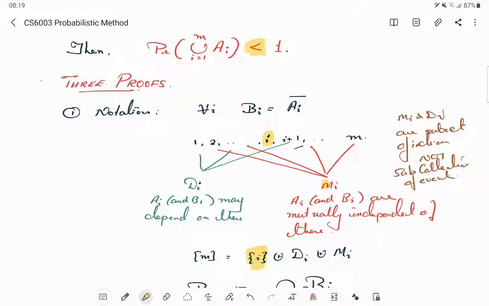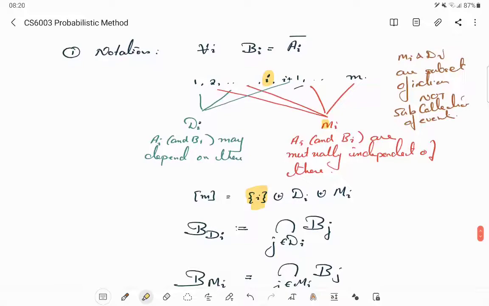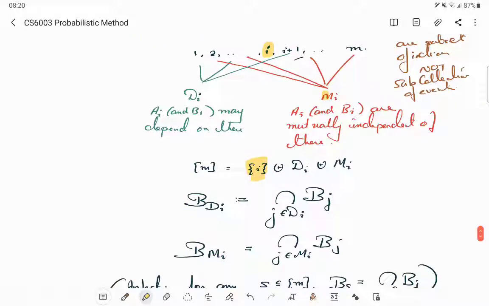Okay, so this also we will use. And then we will also use this notation, something like B subscript Di, to denote the intersection of all the events indexed by indices inside of Di. Okay, so yeah, this expression you can see. Similarly, I can define BMi.